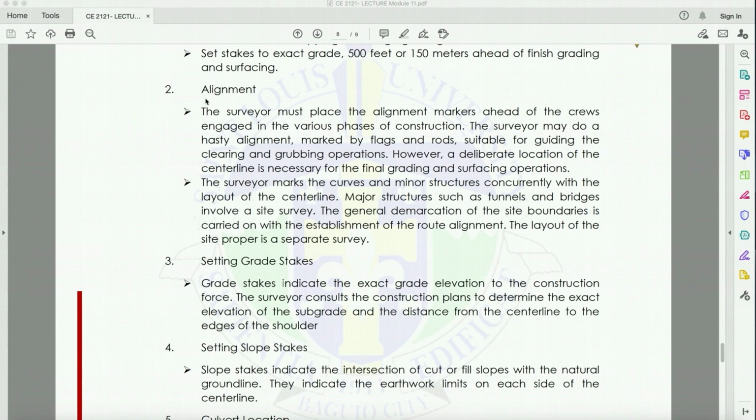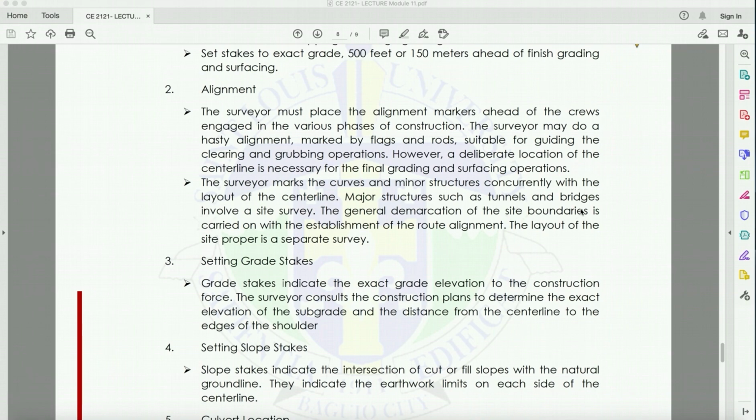Next is alignment. The surveyor must place the alignment markers ahead of the crews engaged in the various phases of construction. Of course, the surveyor must be ahead of his game because he is the guide for the whole construction, because yung mga i-establish na points, doon natin i-layout yung ating kalsada or railroad.